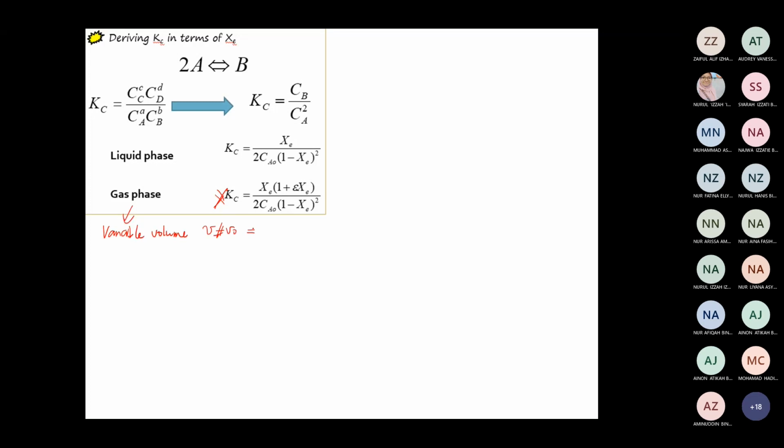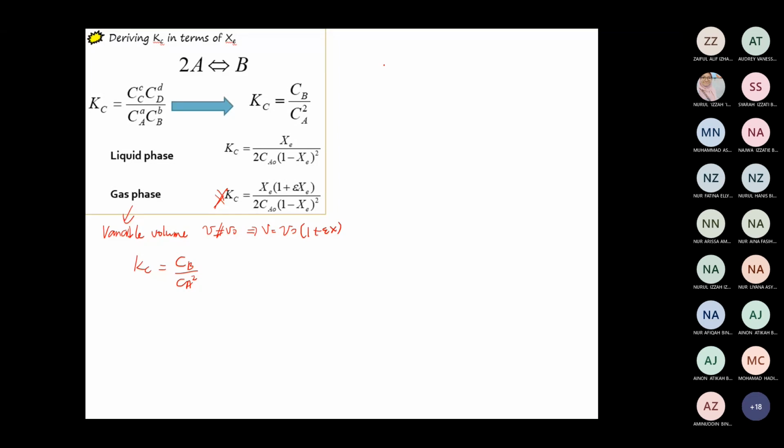Dia akan jadi V is equals to V0 (1 plus epsilon X). So this is for gas phase. So Kc is equals to CB over CA squared. Daripada situ kita carilah satu-satu what is CB, what is CA.